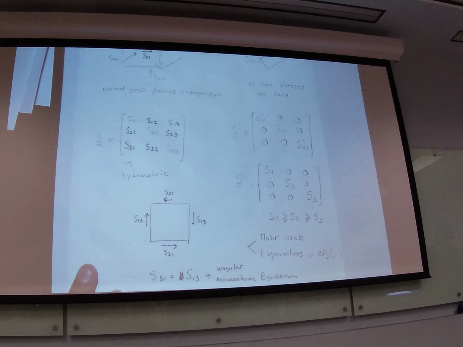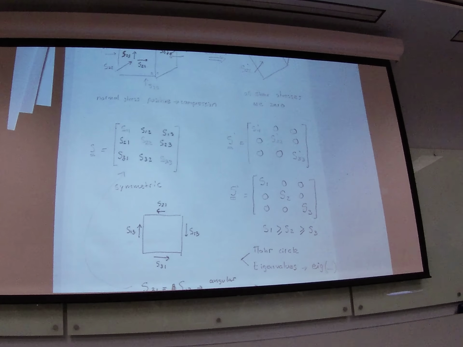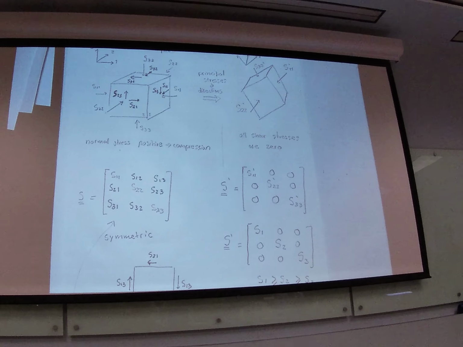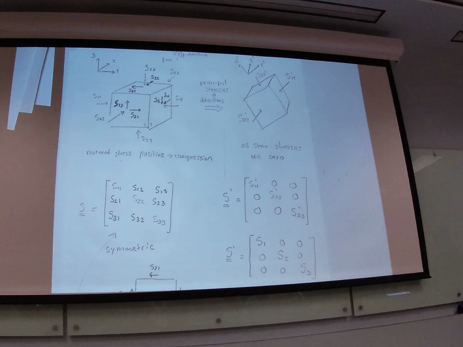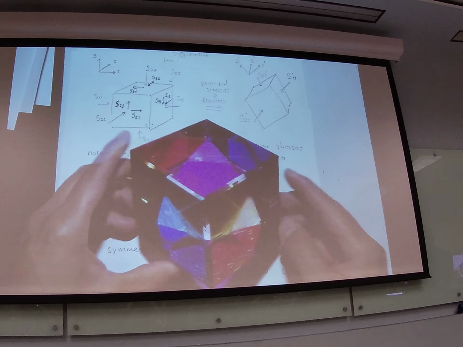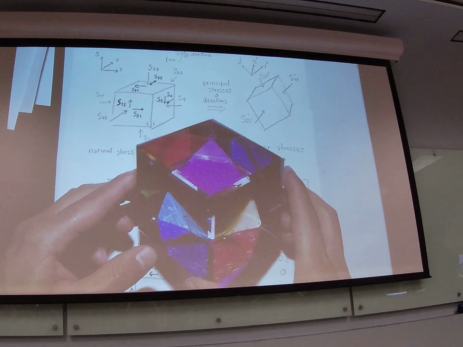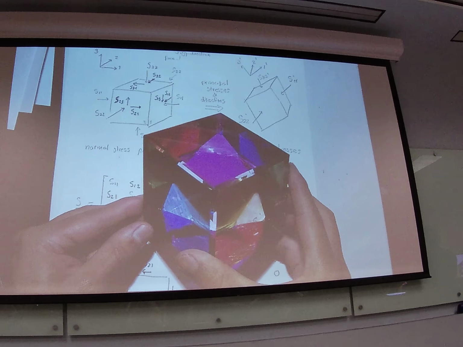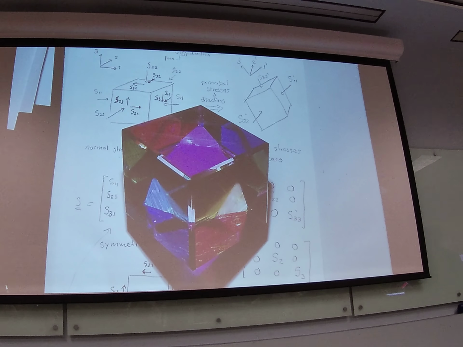Okay, so I hope that by now, more or less, you have an idea about what these principal stresses are. But let me show you one example that probably is going to illustrate this a little bit better. And that's why I brought this cube over here. So you can see the cube, right? It's a cube. Now when you see it in the camera, it doesn't look that much like a cube, but it is a cube.